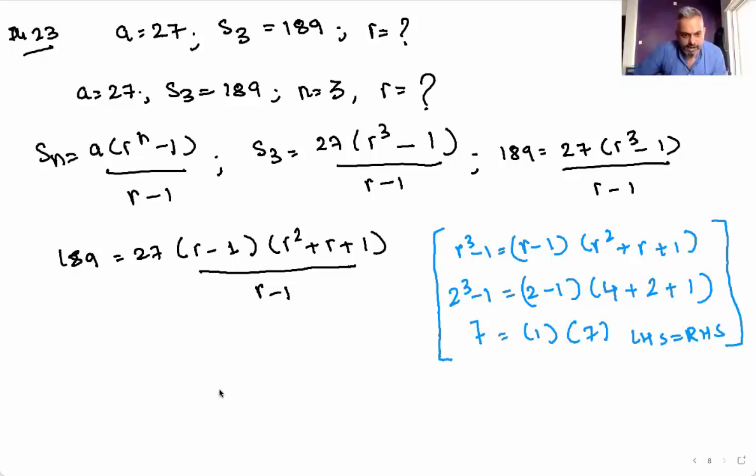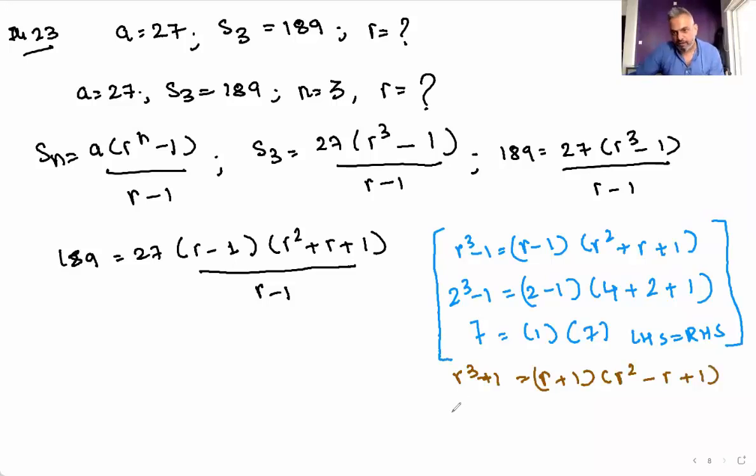Okay, one more result I'll give you. It may be useful. If it is r cube plus 1, then what will you take? You will take r plus 1 in the bracket r square minus r plus 1.